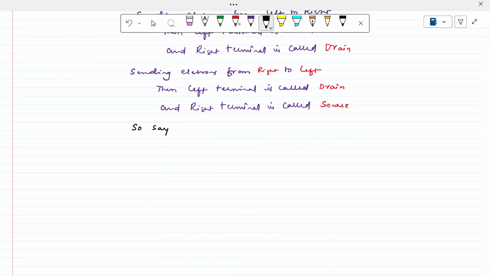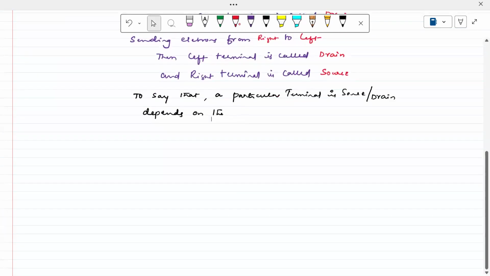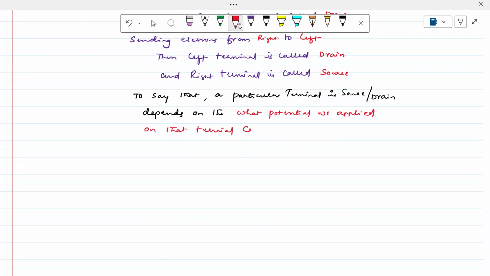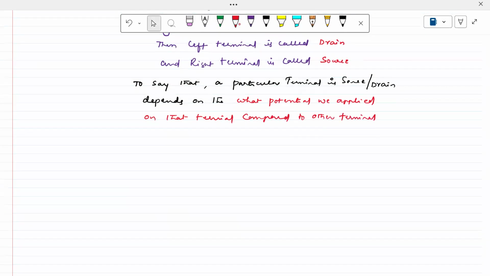To say that a particular terminal is source or drain depends on which potential, or what potential I can say, we applied on the terminal compared to the other terminal. Is this point clear to everyone?